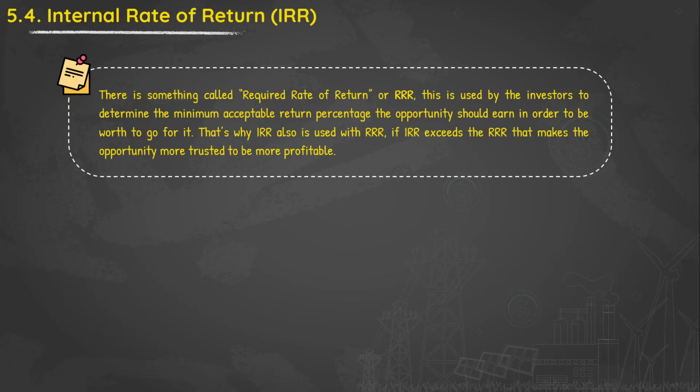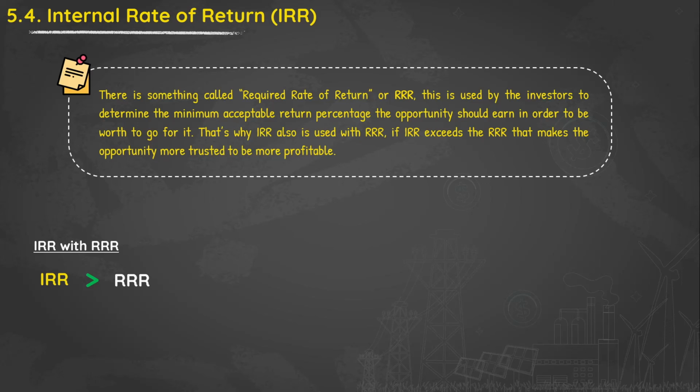So investors sit down, evaluate an opportunity, and they decide, okay, the minimum accepted return percentage is 10%, for example. Less than that, this opportunity is rejected by us. In this case, IRR is commonly used along with the RRR: if the IRR is more than the RRR, then it's a good indication.